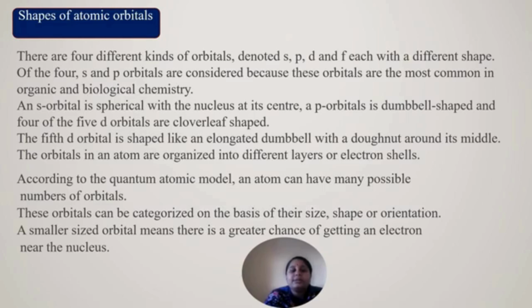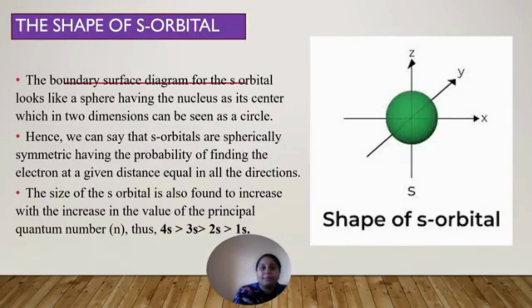These orbitals in an atom are organized in different layers or electron shells. According to the quantum atomic model, an atom can have many possible orbitals, and these orbitals are classified on the basis of their shape, size or orientation. The smaller the size of the orbital, the greater the chance of finding an electron near the nucleus.